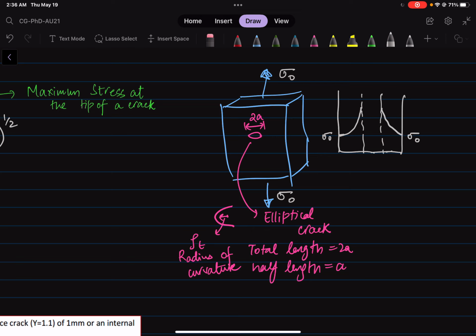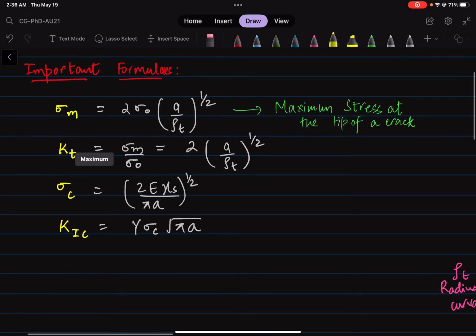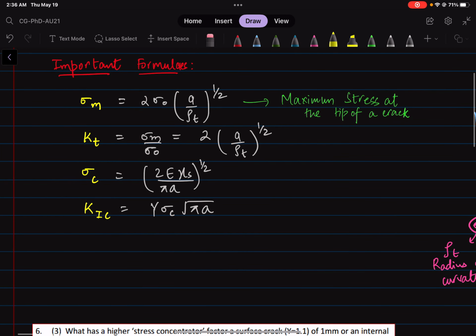Let's call this minus a to plus a, so this would be 2a. And then this value over here would be sigma m, which means that at this tip, you have a higher stress than what you were actually applying. So you have to design your material according to sigma m, considering that you don't apply stress as high as sigma m. So therefore that is the maximum stress at the tip of the crack.